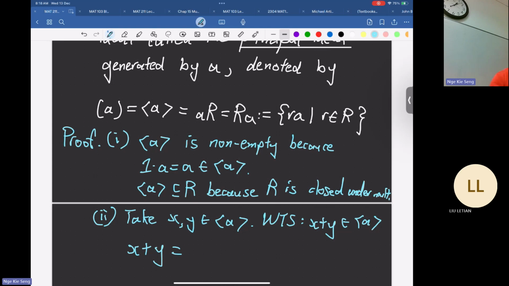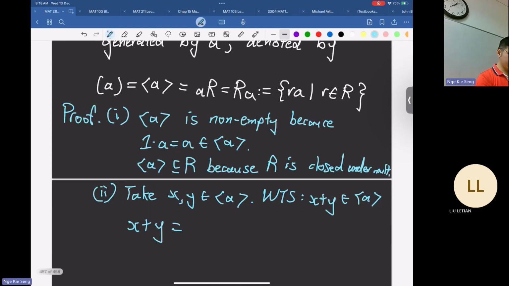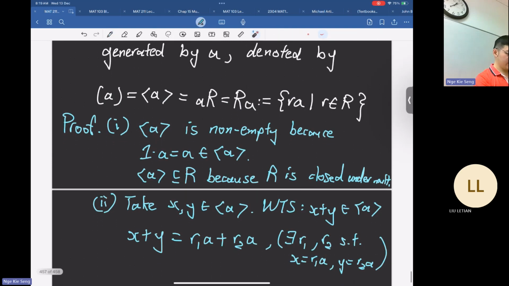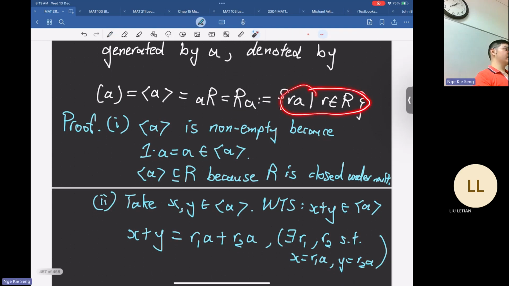So there exist r1, r2 such that x equals r1 a and y equals r2 a, because I'm taking elements from the set where all the elements look like ra.